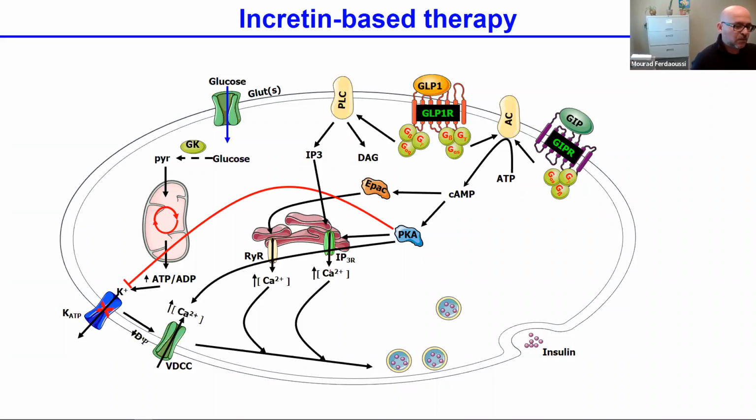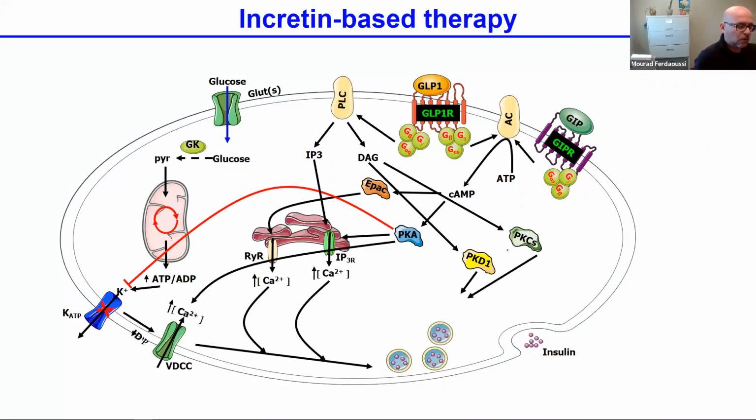The IP3, the same way, will increase the intracellular calcium level. The DAG can activate two other proteins, PKD1, protein kinase D1, and protein kinase C, and altogether will increase the recruitment of more vesicles or insulin granules to the plasma membrane to enhance the insulin secretion.